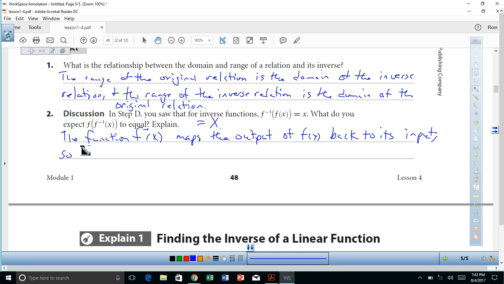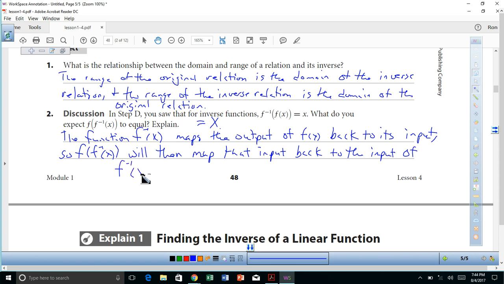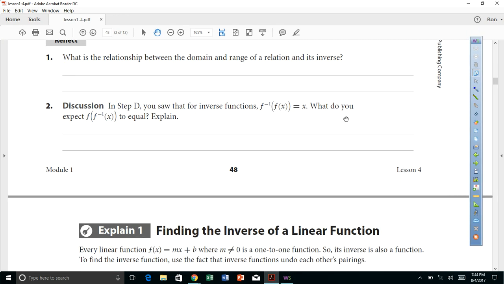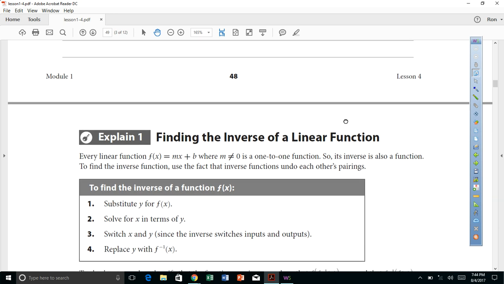So f of the inverse of f of x will then map that input back to the input of the inverse of f of x. I know it sounds a little confusing, but when you work with it some, it'll get a bit easier.